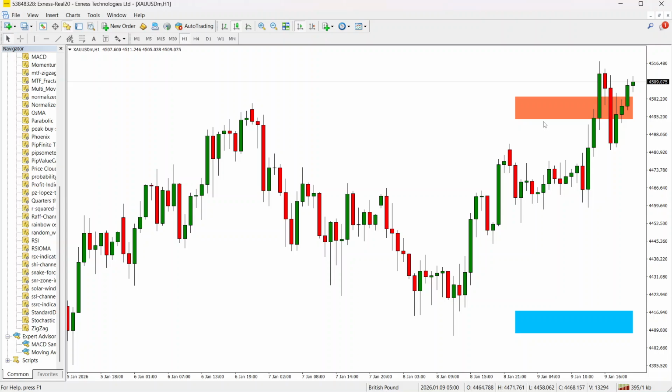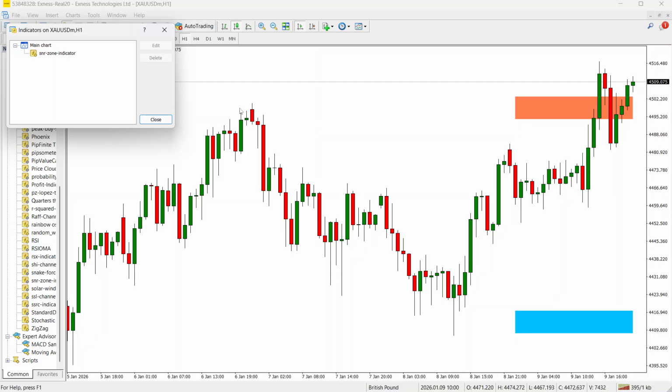Support zones are usually marked with one color such as green or blue in our case, while resistance zones may use red or orange, making it easy to identify where price may find buying or selling pressure. The zones can extend forward from their historical formation points, providing traders with visual reference areas for planning entries, exits, stop losses, and take profit targets.